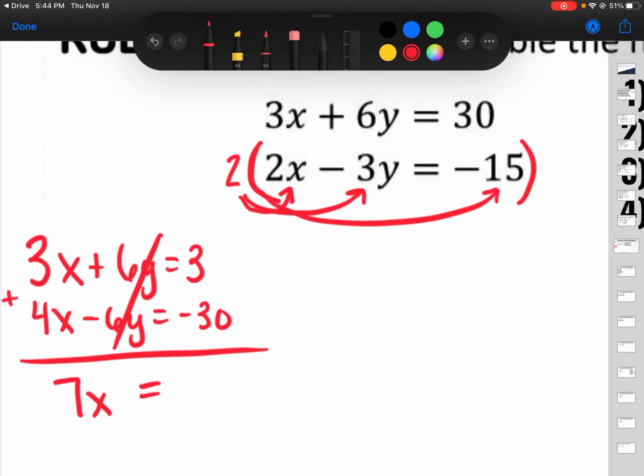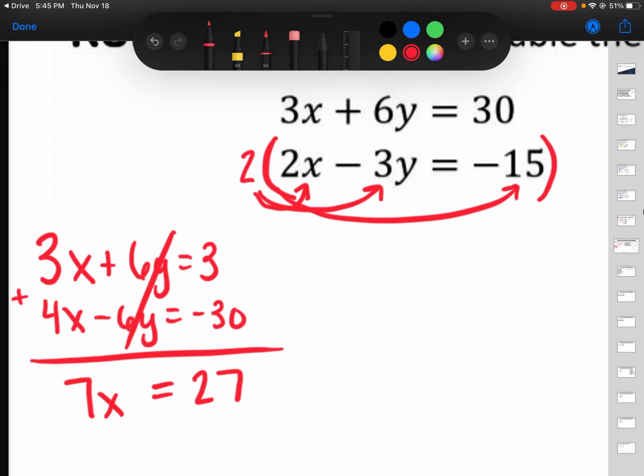And let's take a look. Here's what went wrong. I wrote this down as a 3 instead of a 30, which will change this side of my equal sign. Now we have 30 plus negative 30, which is 0. Hopefully you caught that.